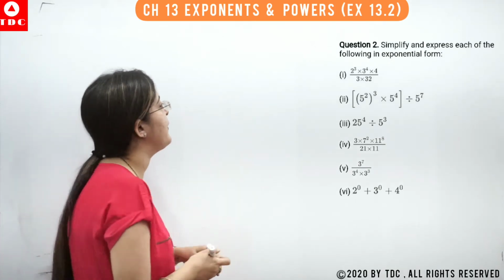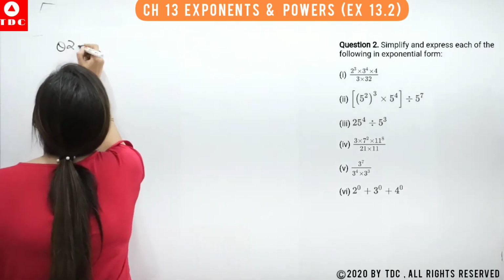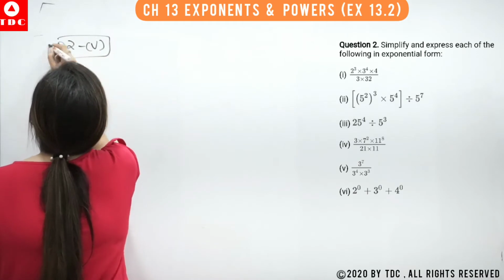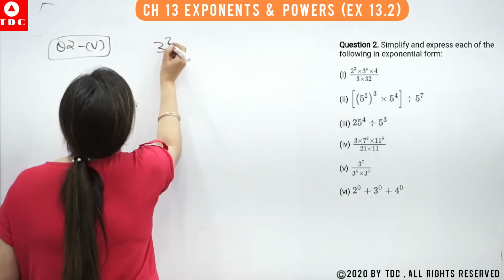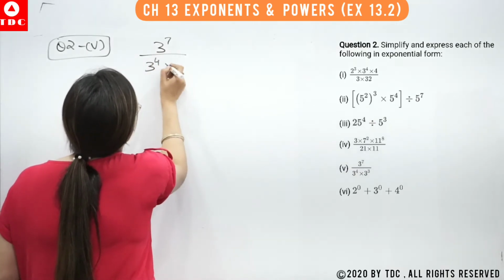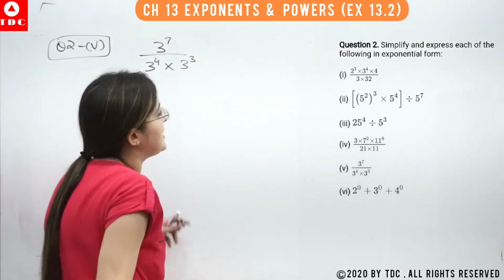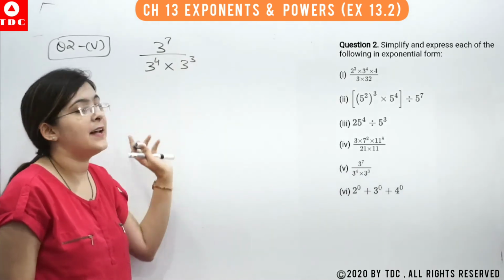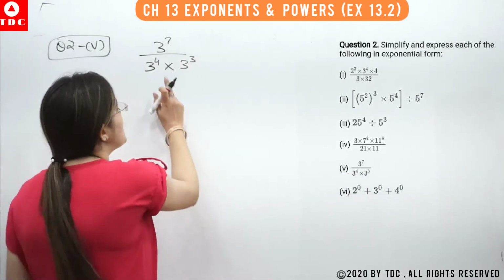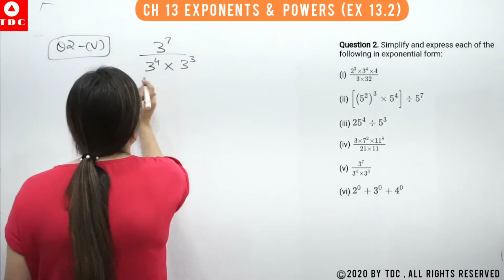Let's move on to the fifth part. What is the fifth part given? 3 to the power 7 upon 3 to the power 4 into 3 to the power 3. This is the question given. Now see, the base is 3, it is the same. First we can apply the identity here.